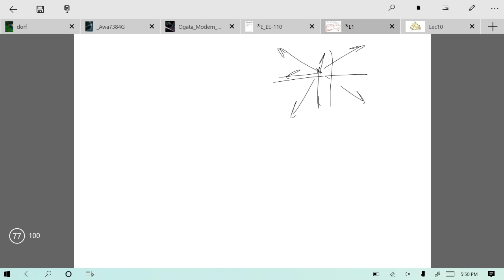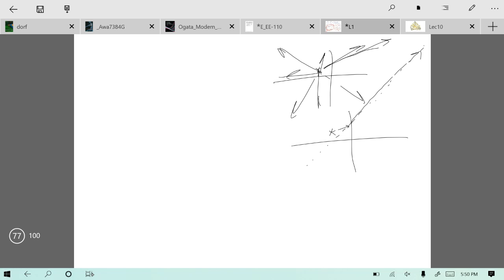So to find which path it will take while going to infinity, for example, if I already have this asymptote drawn, then obviously this pole will go along this path and move to infinity.